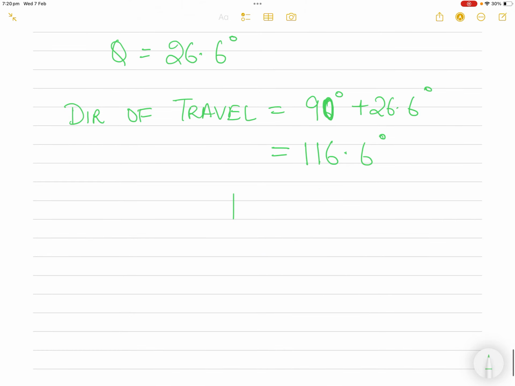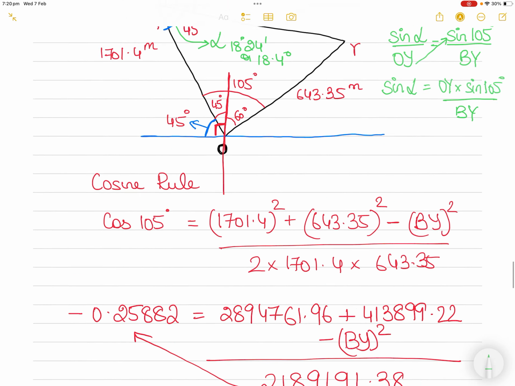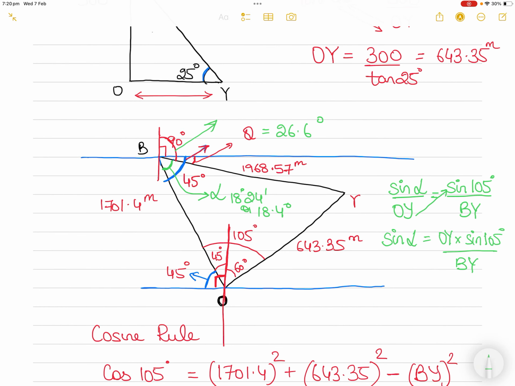So basically you have to sail about 117 degrees true. That is your direction of travel. If you go back to this diagram, you can see that the lifeboat will have to take a southeasterly kind of course to go up to the yacht if the yacht is in distress, and that angle is 117 degrees true.